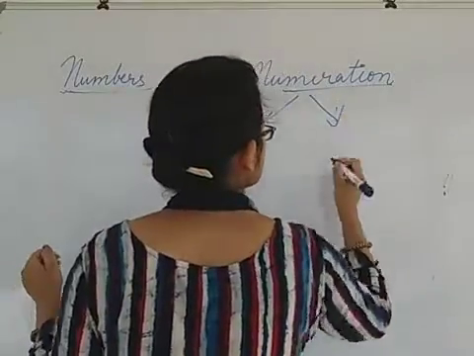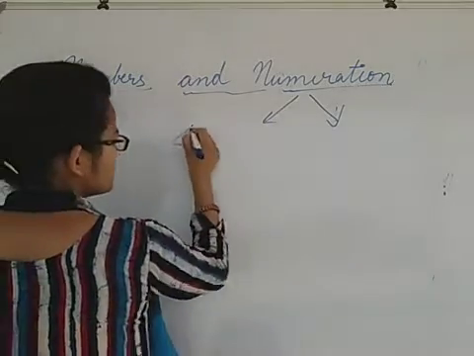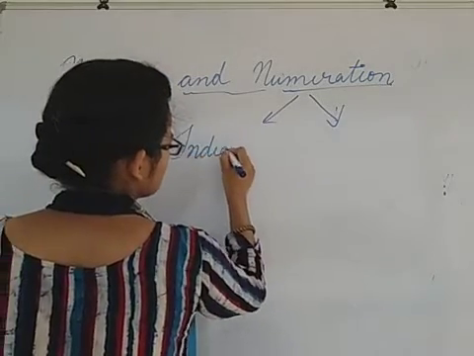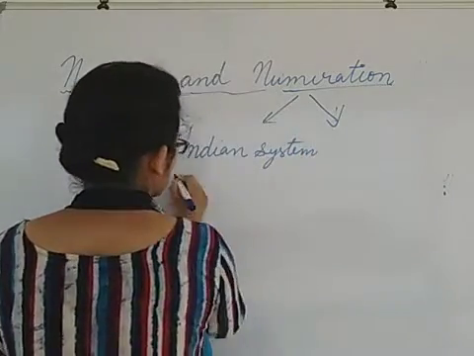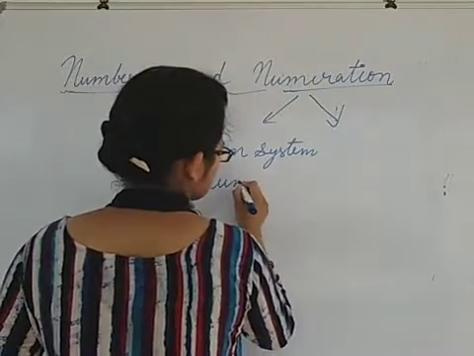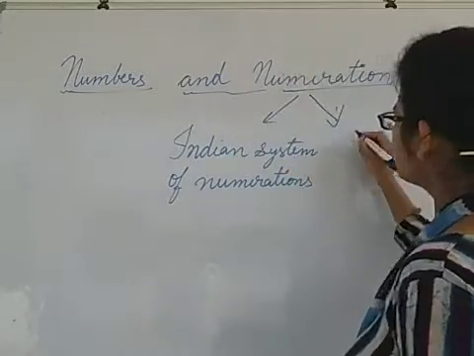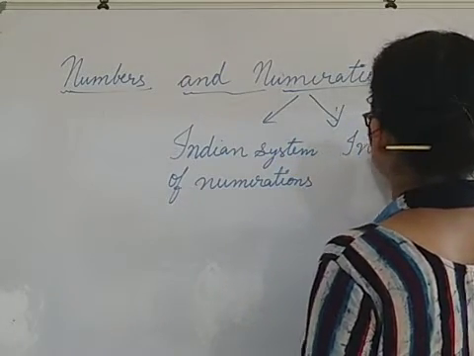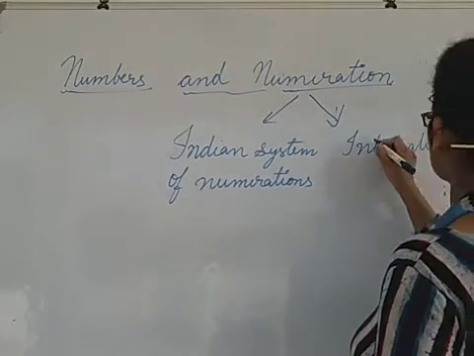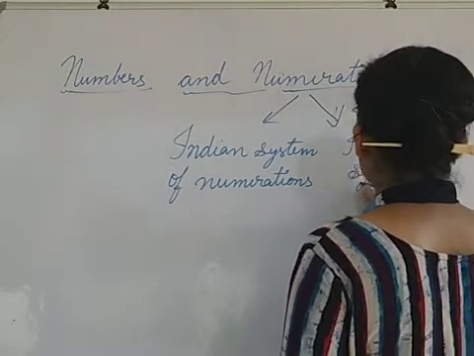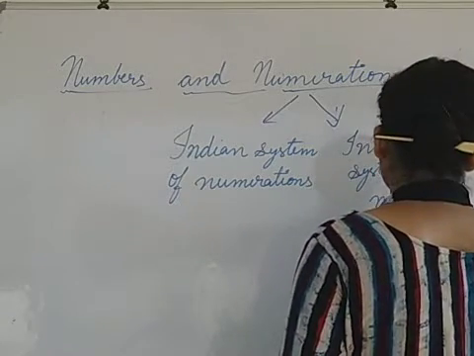So numbers can be represented in numerals in two ways: first is the Indian system of numerations and second is the international system of numerations.